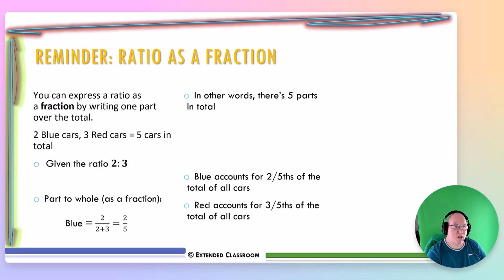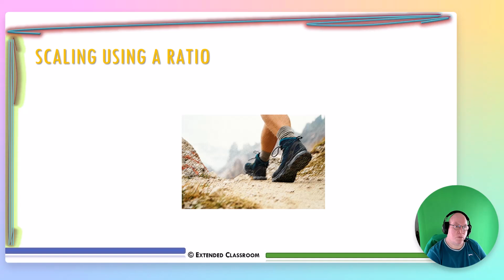Now we're going to have a wee look at scaling using the ratio. In this instance, it's quite easy because we're just saying that it takes us 50 minutes to walk 1 mile. So it's 1 mile for 50 minutes. So there's no real parts thereof apart from just the ratio of 1 to 50.